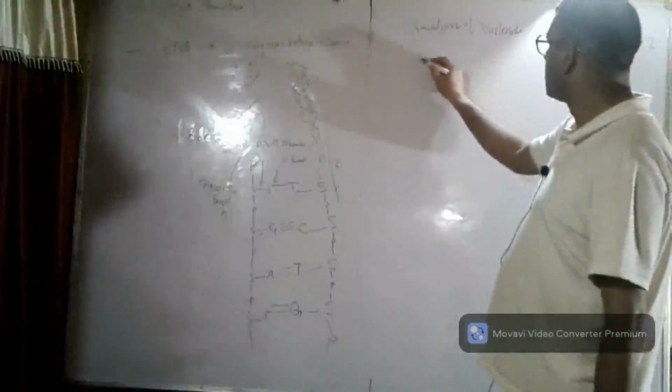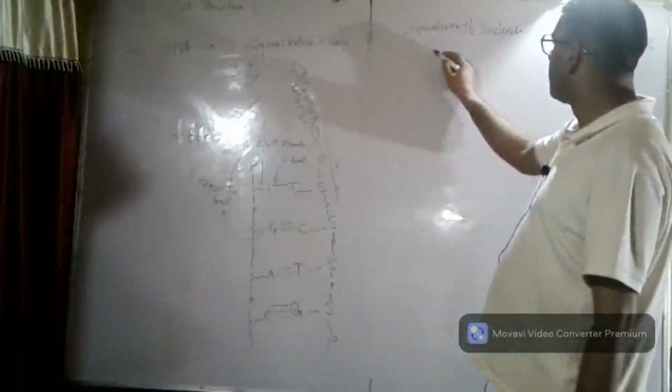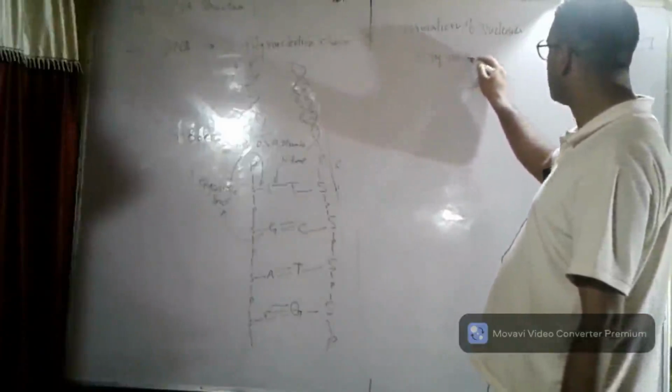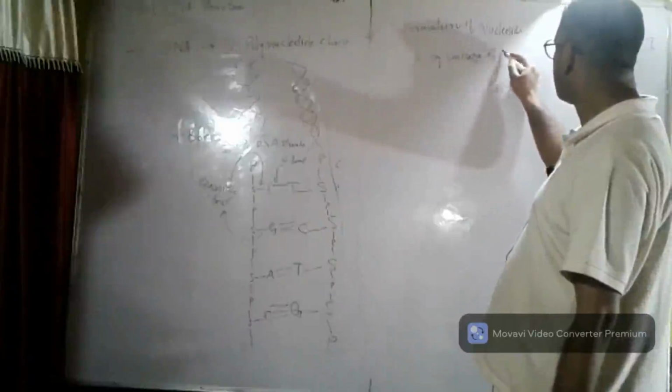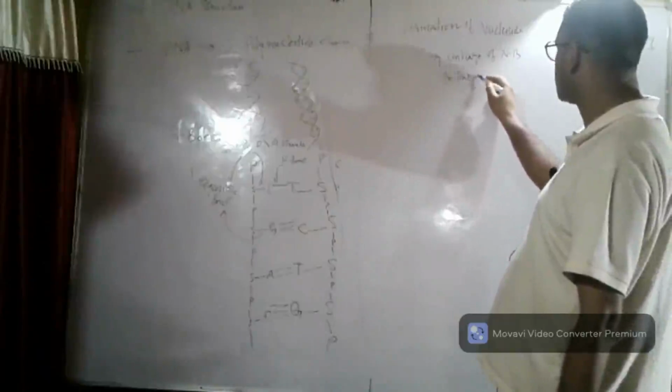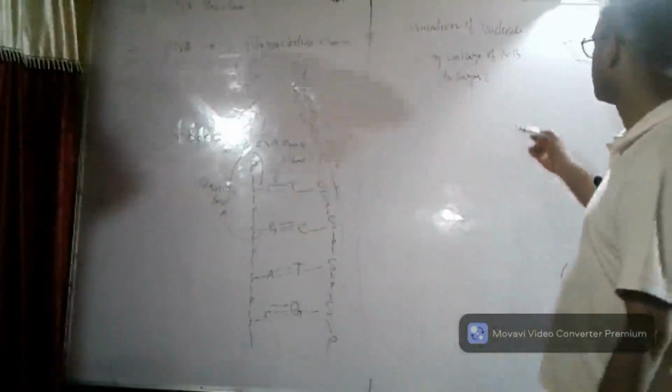So this is the sugar component, and when a nitrogenous base gets attached to it, how is nucleoside formed? By linkage of the nitrogenous base to the sugar by means of N-glycosidic linkage.